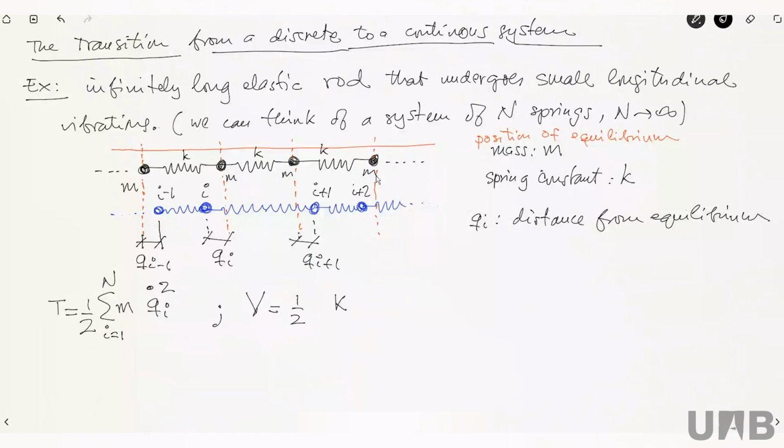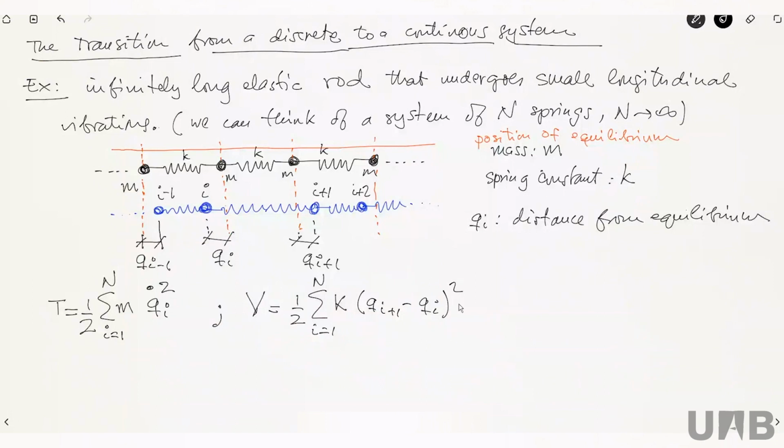So k is the same constant for all the springs. And then the potential is going to be different from 0 if there is some compression or some extension. If one mass and the next move relative to each other with respect to the position of equilibrium, okay? If they don't compress or extend from the position of equilibrium, then the potential is going to be 0. So this is the potential. And here I'm going to have to sum again from 1 up to n.